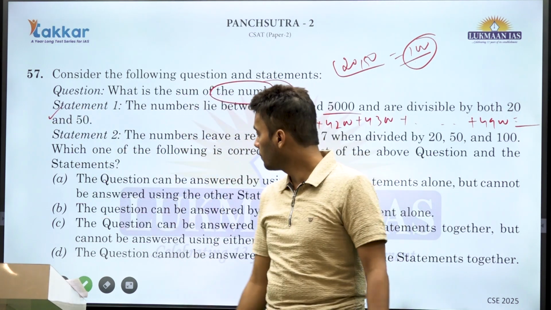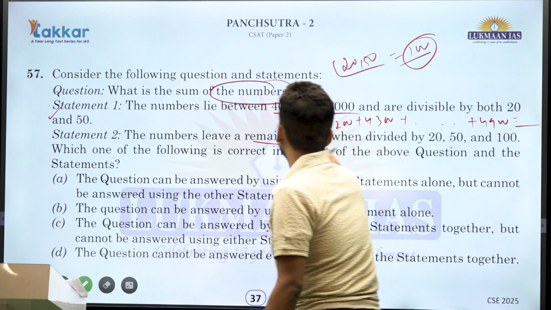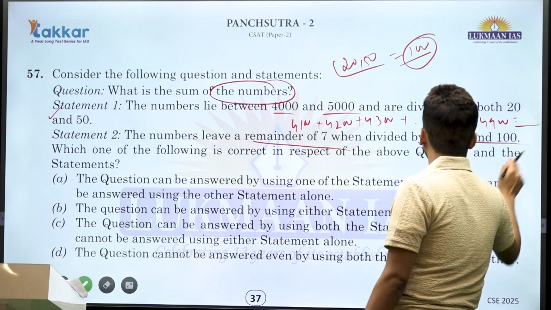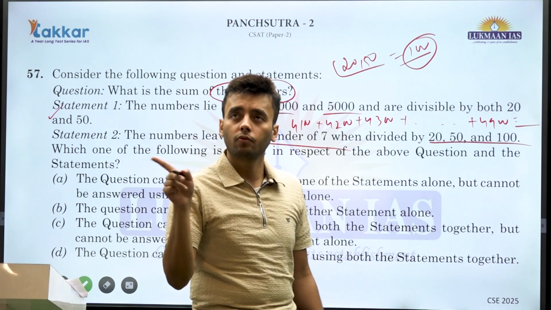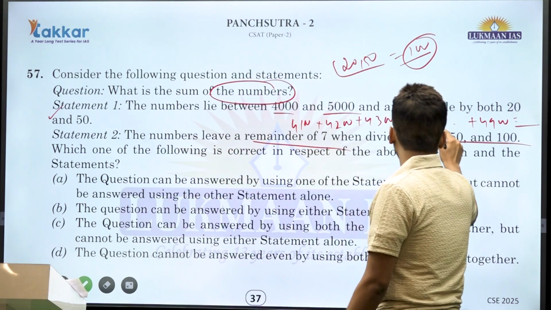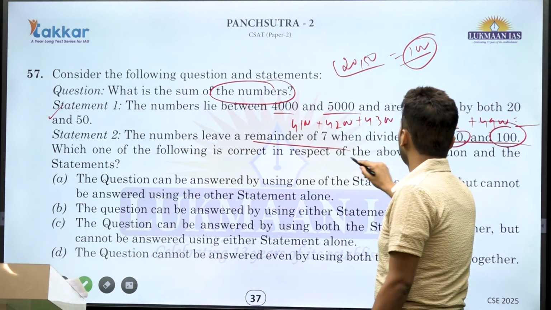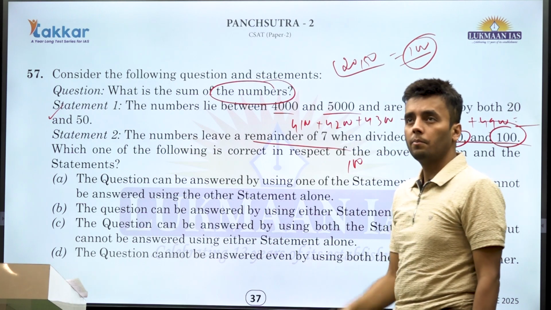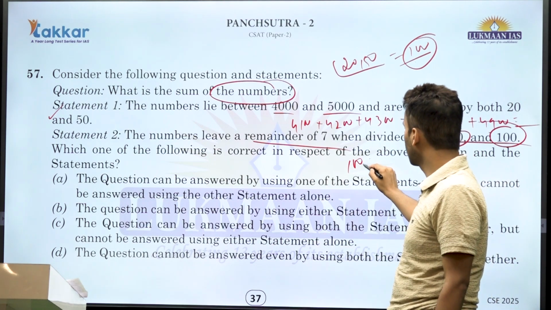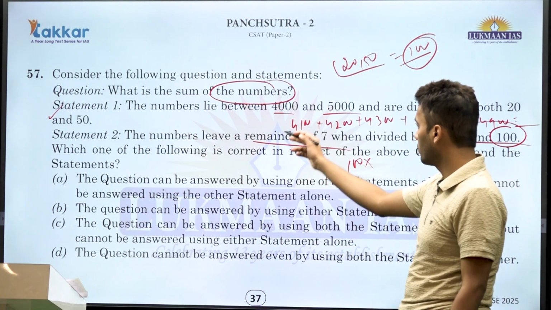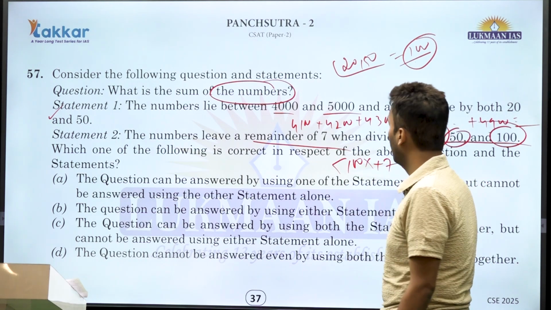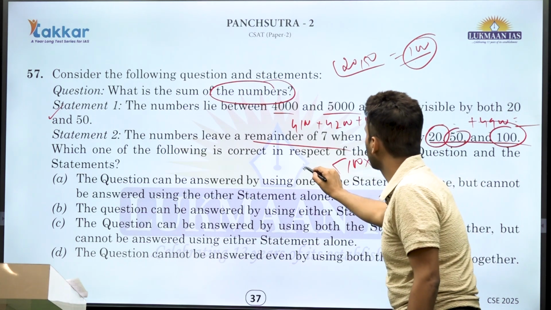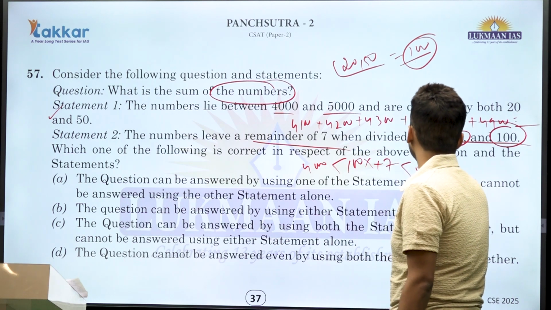Now let's check statement 2. The numbers leave a remainder of 7 when divided by 20, 50 and 100. So from this, we get the LCM of 20, 50 and 100, which is nothing but 100. The number is 100k plus 7, where k is some multiplier, and it lies between 4000 and 5000.